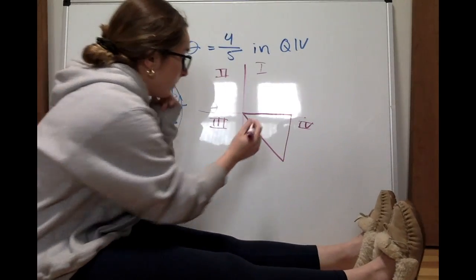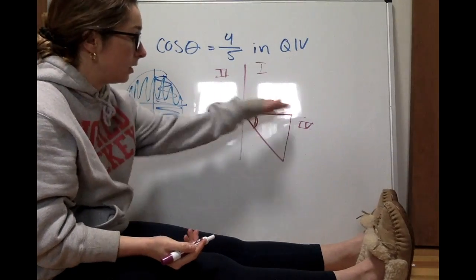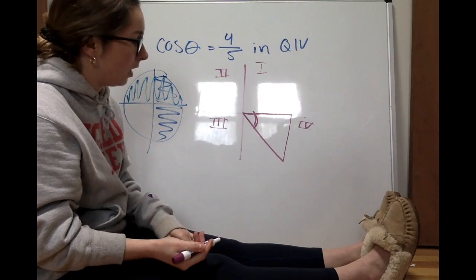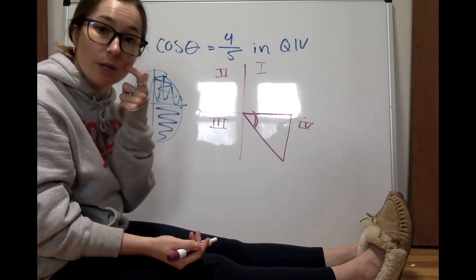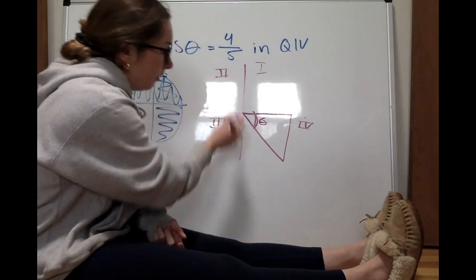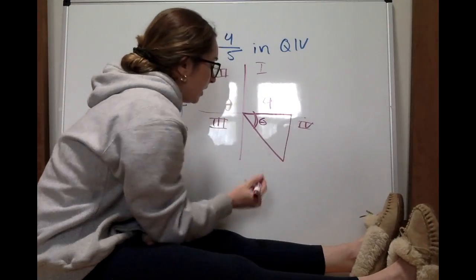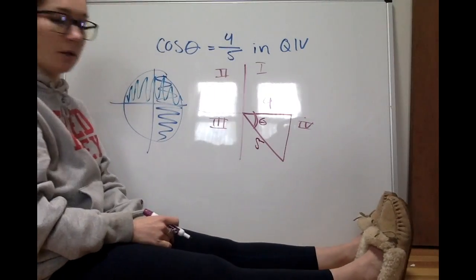So this is my angle right here. Our base initial side is still going to be the positive x-axis, and we're still going to have our theta coming out of the origin. And so this 4 goes here, that's my adjacent side. My hypotenuse is right there.